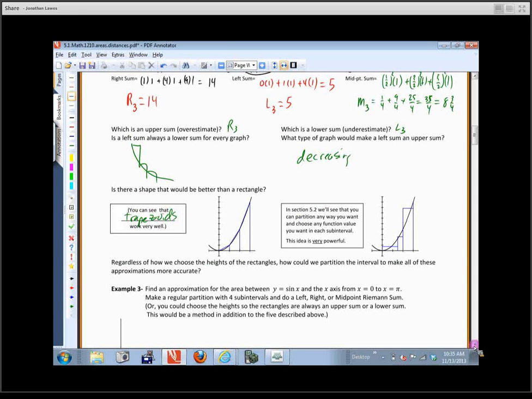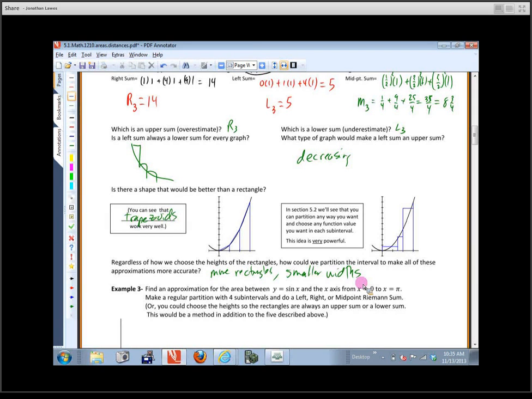So if we did more rectangles, smaller widths, that would be the equivalent of, in our area of the hand example, using a smaller grid. It's going to be more work, but it's definitely going to be more accurate. So regardless of how you choose the height, the thinner you make each one of those rectangular slices, the more accurate it's going to be.